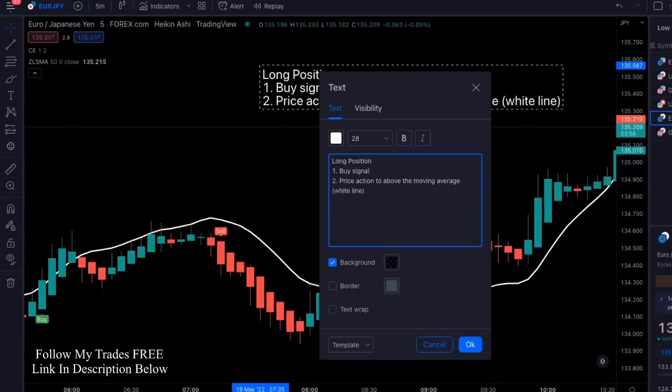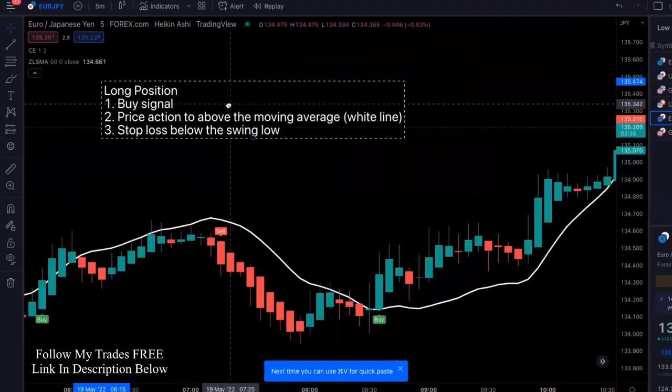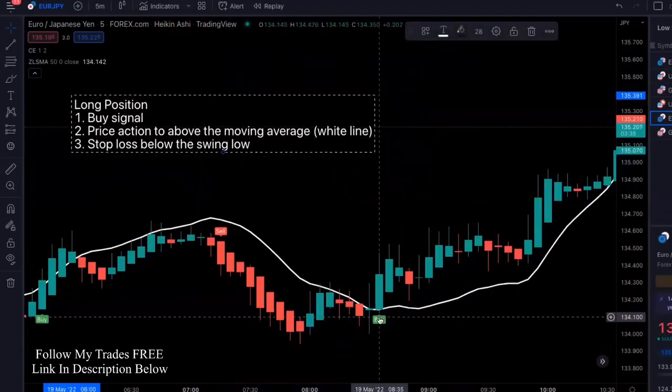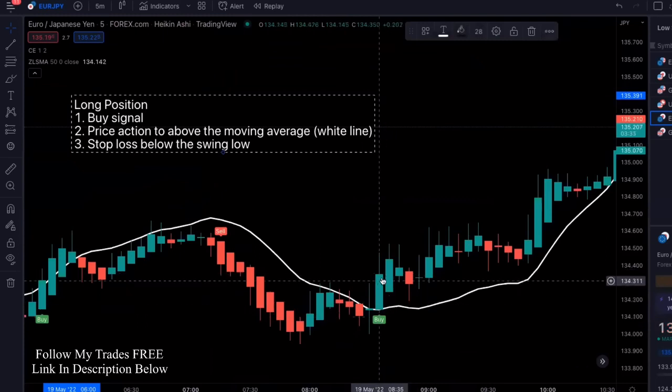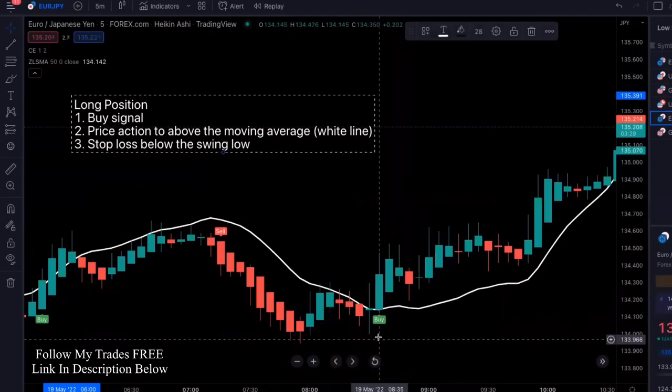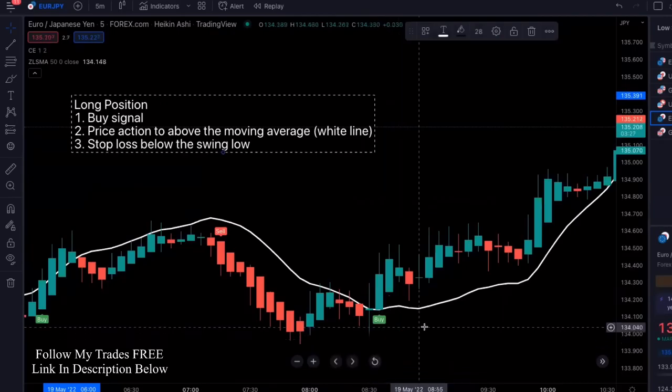And then you're going to set your stop loss below, man, I can't type, below the swing low. Let me show you what I mean. For a long position, like right here, first you get the signal, you make sure that the price action is above this white line, and then you'd set your stop loss below the swing low.